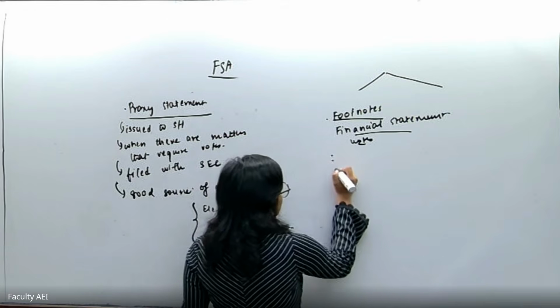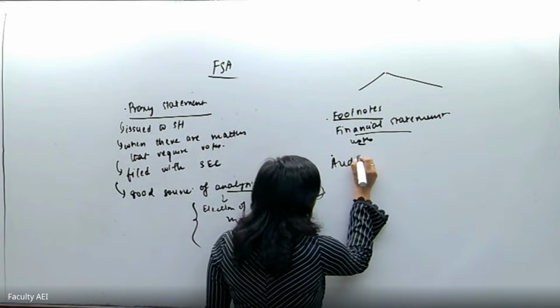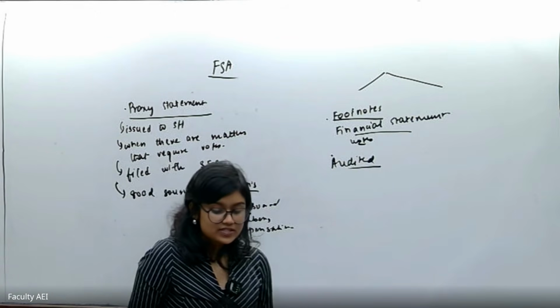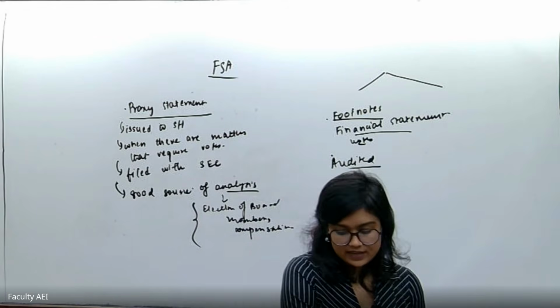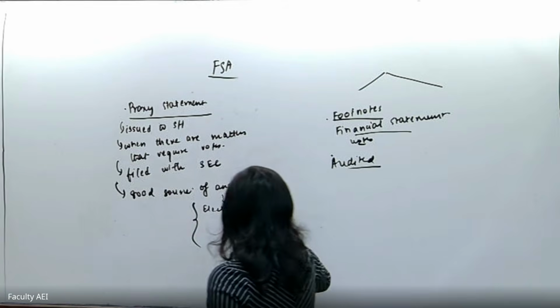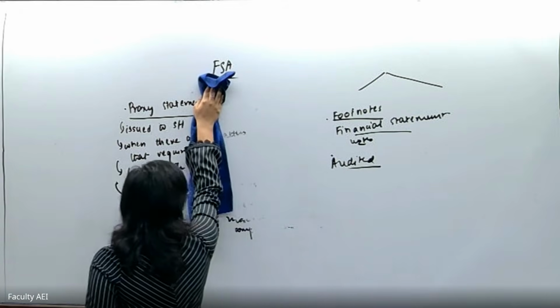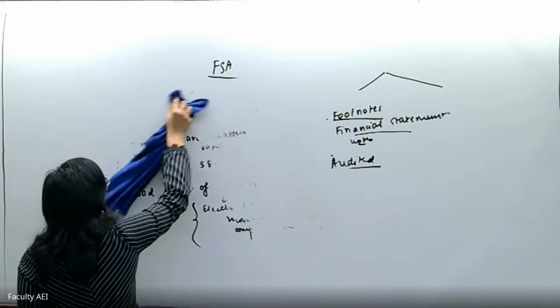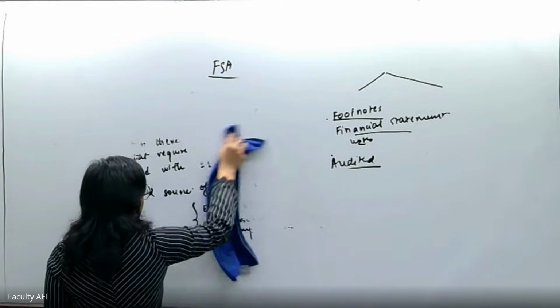Along with this, these are also audited. Whenever the auditor is auditing the primary financial statements, the balance sheet, the P&L, and the cash flow statements, along with those, the footnotes are also audited.